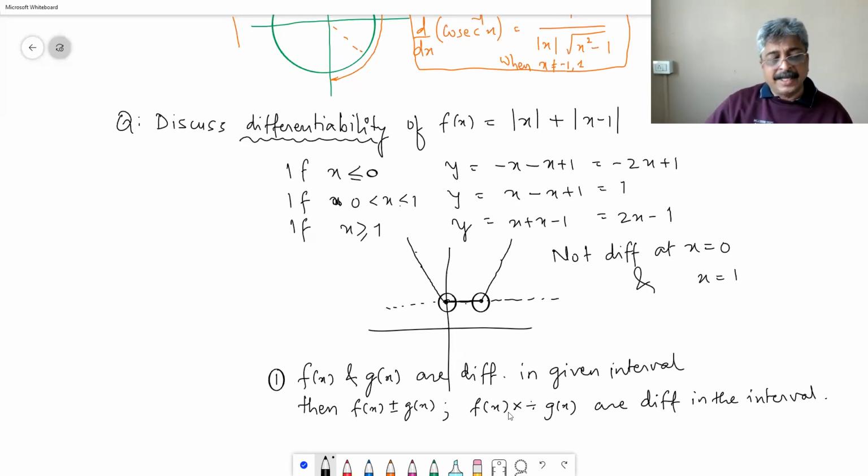If both yes, then their composition or their algebra is also yes.